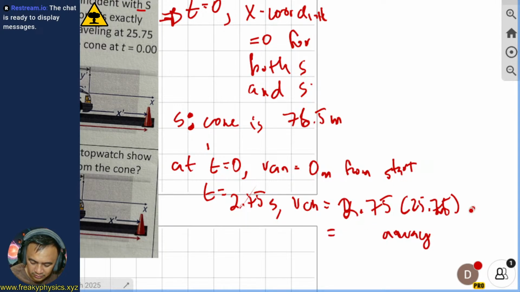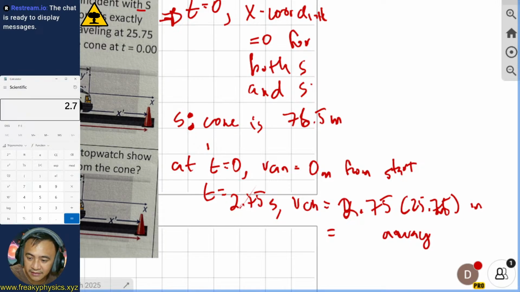And how many meters would that be? Let's put that on the calculator real quick. 2.75 times 25.75 gives you 70.8125.